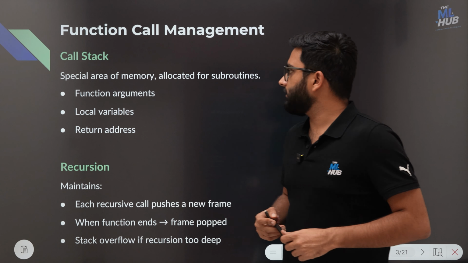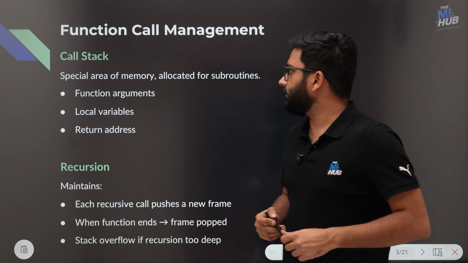What exactly is a call stack, and how does stack come into the picture when it comes to function calls and recursions? Basically, the call stack is a special area in memory allocated for subroutines. You can think of a subroutine as the different functions defined in the main function or the initial function.